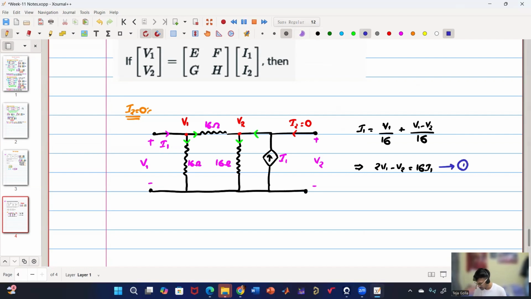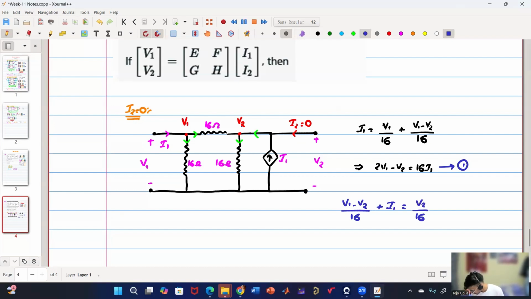What about the other KCL? If I apply KCL at node V2, what will be my current entering equals leaving expression? (V1 minus V2) by 16 plus I1, equal to V2 by 16.